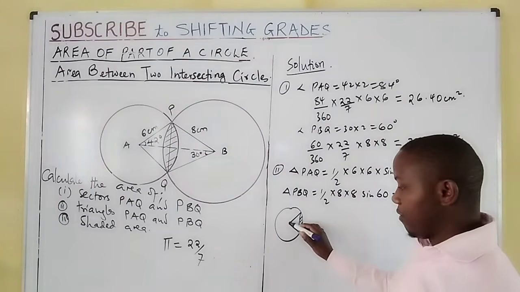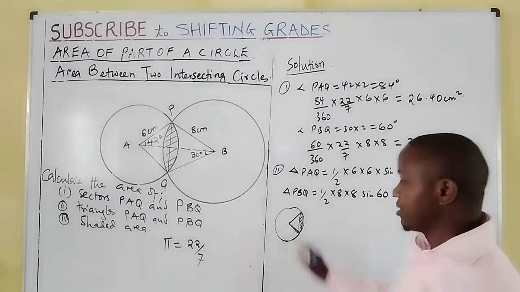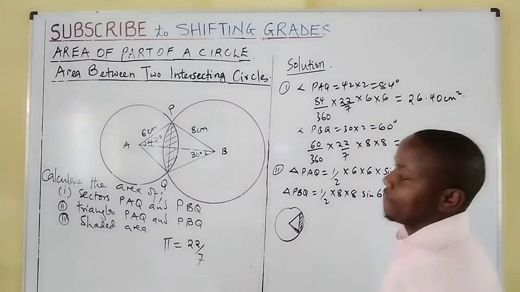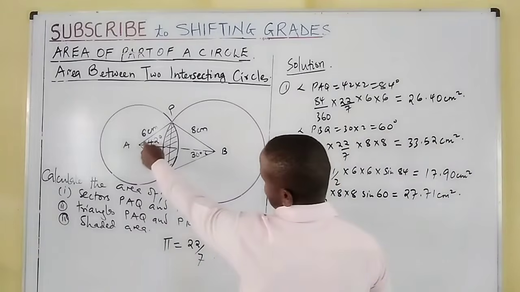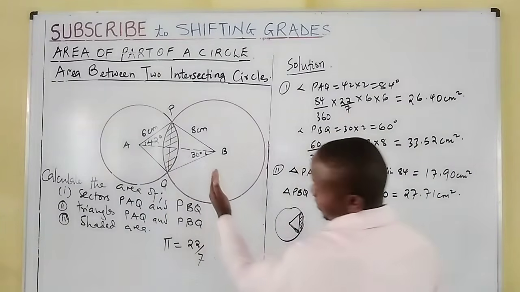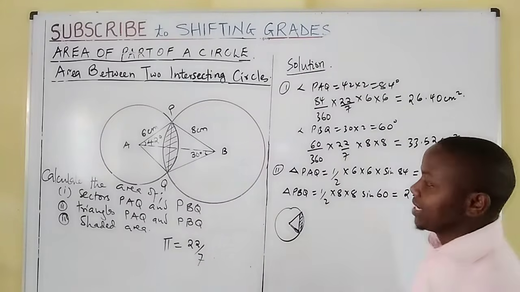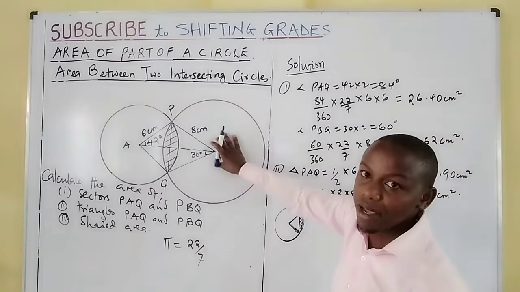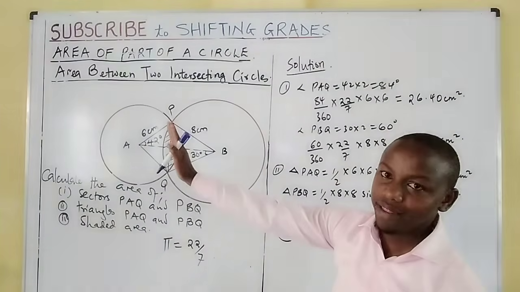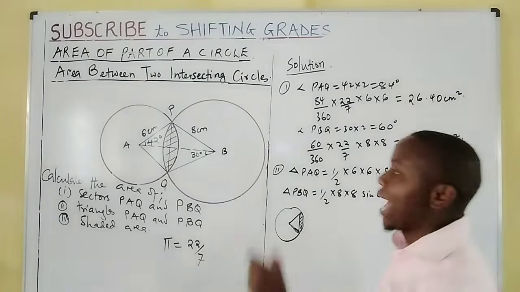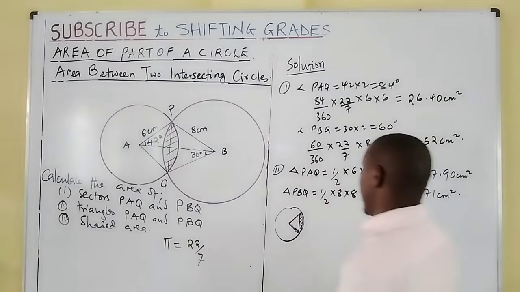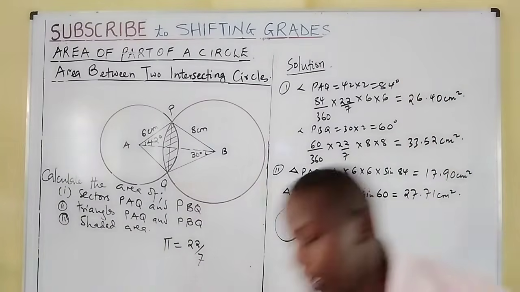Taking the area of the sector and we subtract the triangle, we will get this segment. Therefore, taking the first sector minus the triangle in it, we will get the segment on this side. And again, taking the second sector minus the triangle inside, we will get the segment on the other side. And therefore, adding the two segments will give us the shaded area, the area in between.